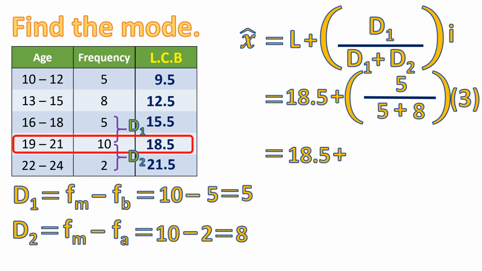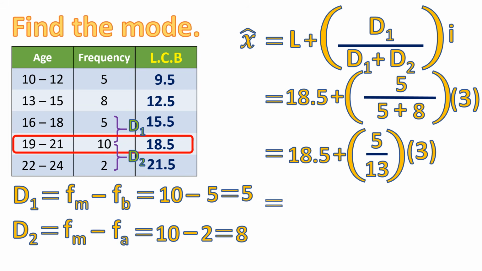Let's solve first what's inside the grouping symbol. So copy the 5 and solve 5 plus 8 is 13. And so let's just copy 3. So next step, we'll copy the lower class boundary. And then the same way with the median, either you divide first or you multiply first before you divide.